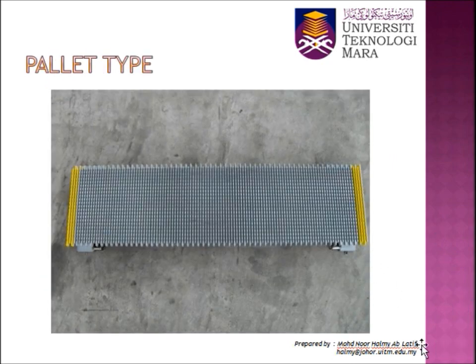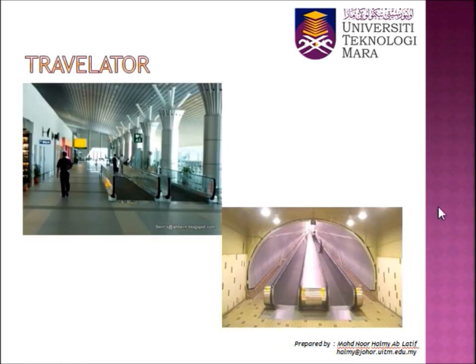Okay, so this is the pallet type. Okay, ini adalah contoh TRAVELATOR. Ini contoh TRAVELATOR yang you all maybe pernah tengok kan? Selalunya dekat airport. Okay, yang ni mungkin ada dekat underground bullet train.